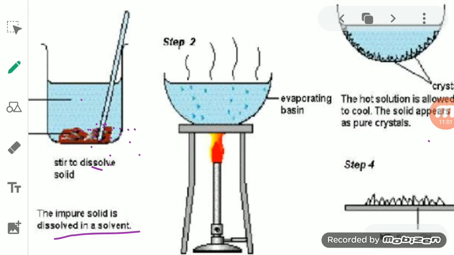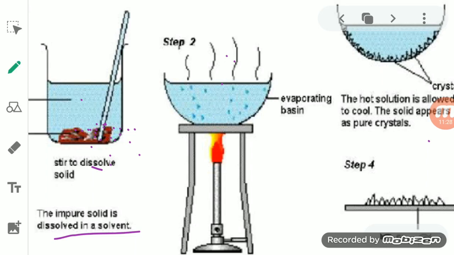So we will take that clear solution and heat it gently on a water bath. This is a water bath, and we will heat the solution on it till a concentrated or saturated solution is obtained.